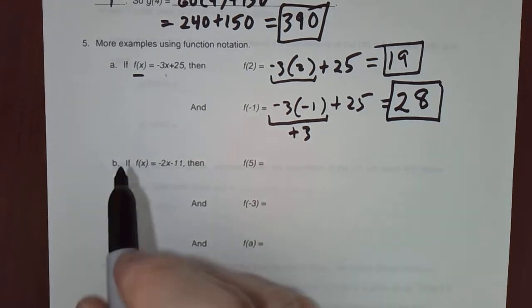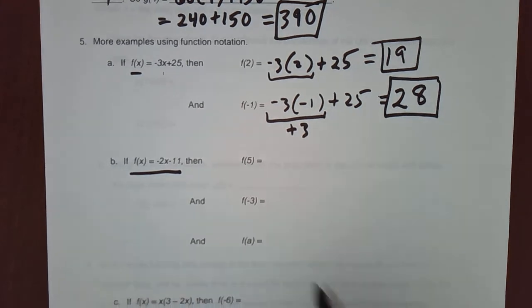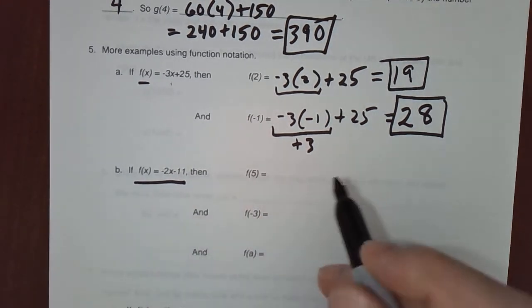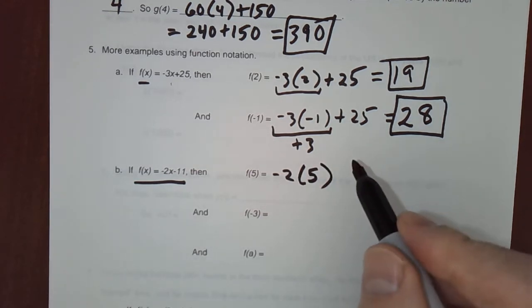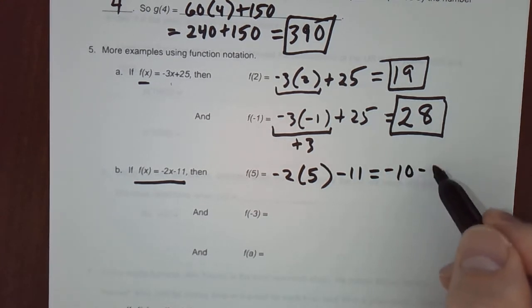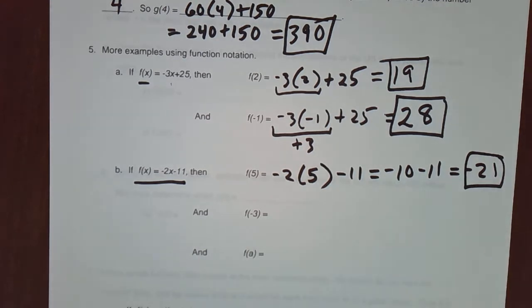Next example, this time we'll take the function negative 2x minus 11. Well, let's evaluate that function at 5. F of 5 is negative 2 times 5 minus 11, which is negative 10 minus 11, which is negative 21.